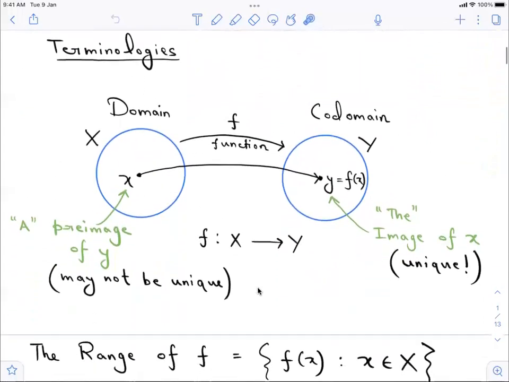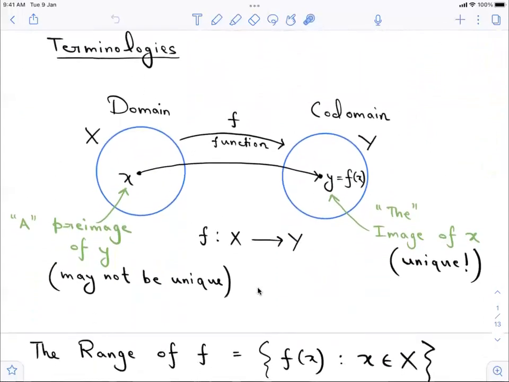So some definitions of terms. So suppose you have a function from x to y. So x is called, once again, the domain, and y the codomain. So if f is the function, then each x is assigned to some value in the codomain. So for each input, we have a unique output, which is called the image of the input.